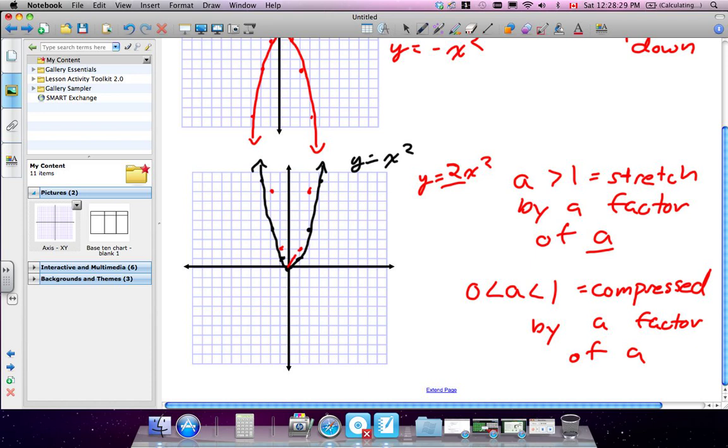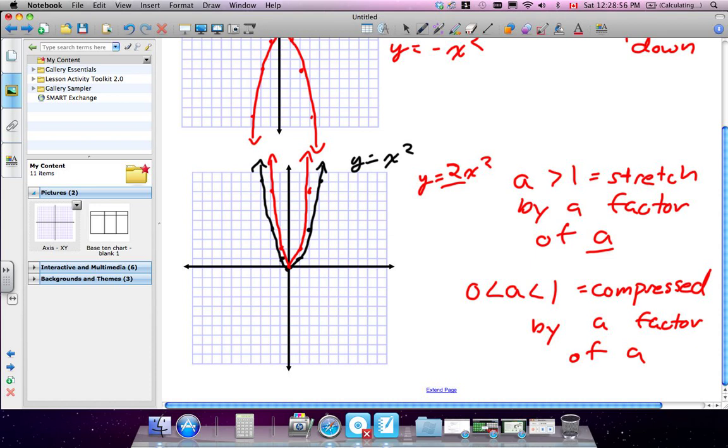If you notice, this parabola is thinner. I'm not very good at drawing on this. It's thinner, it's stretched. That means it's being pulled. So it's thinner than the original parabola, stretched by a factor of a. If it was by 3, it'd be even much thinner. If it was by 10, it'd be a very, very thin parabola compared to our original one. Does that make sense? Normally we go over 1, up 1.